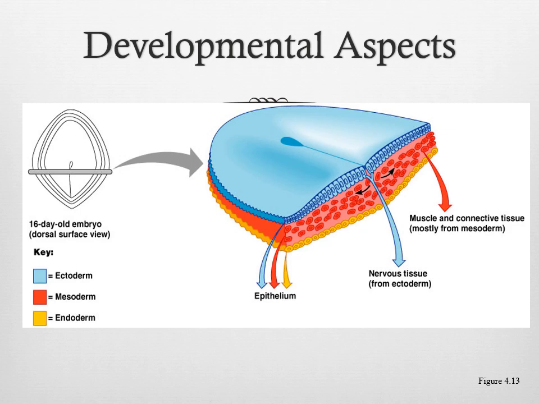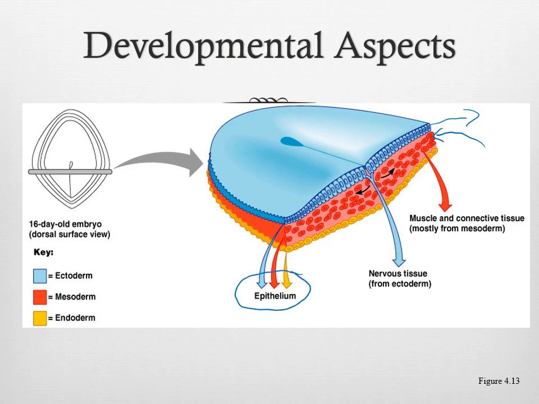I'm just going to jump ahead to this slide here. And so we have ectoderm on the outermost aspect here as being our nervous tissue. From there we have our mesoderm, and the mesoderm here in the middle, as the name kind of implies, meso meaning middle. This becomes a large amount of our muscle and connective tissue. And then the one that kind of doesn't follow the rules, so to speak, is epithelium.